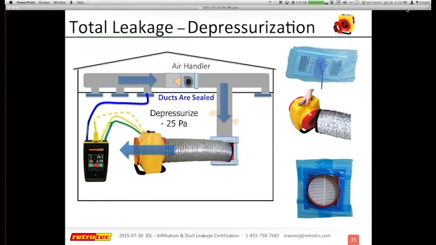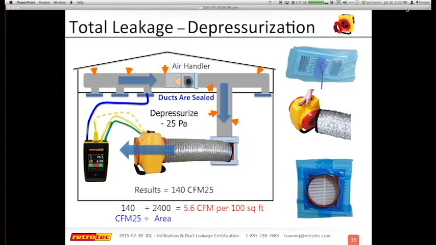Basically, just tell it to set pressure 25. And so I have my results. In this test, I have 140 CFM at 25 pascals. If I do my math, I find I'm at 5.6 CFM per 100 square feet based upon that 2,400 square foot house.